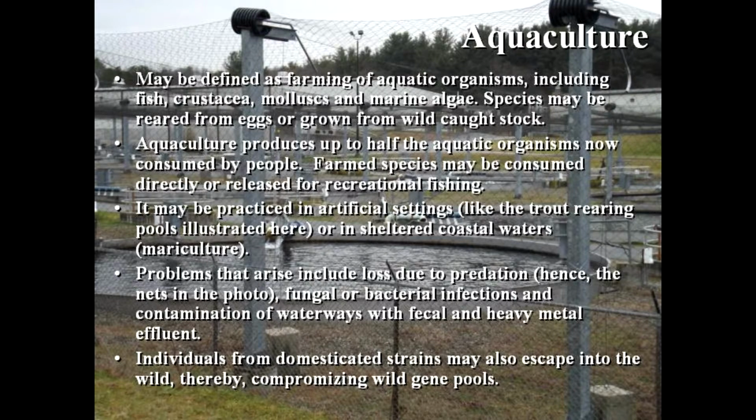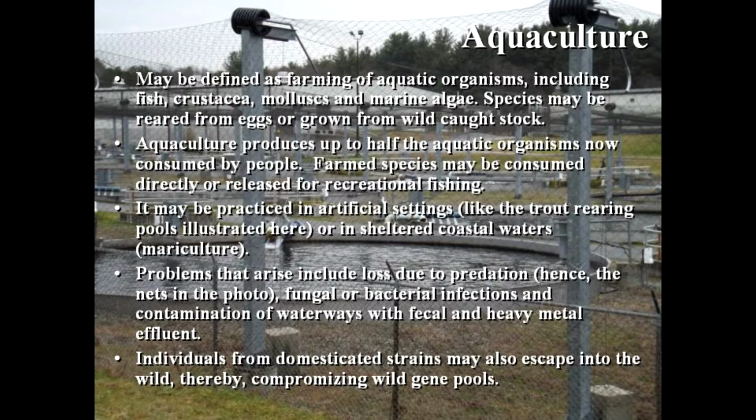But very similar kinds of pens can also be used to raise other kinds of species. Salmon can be raised like this for release into streams that then go down to the ocean and help to bolster wild stocks and also help to produce a population that will come back to these streams.